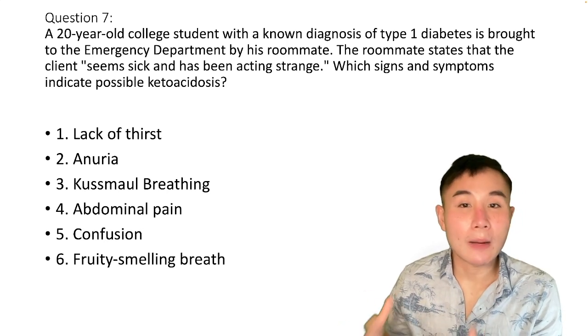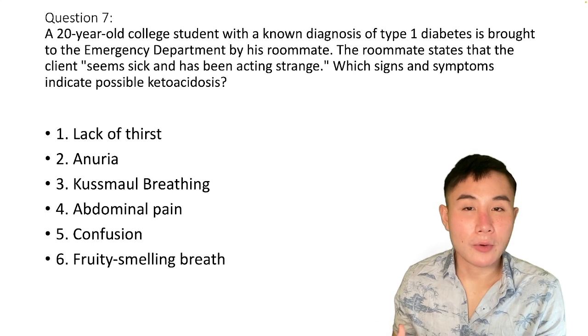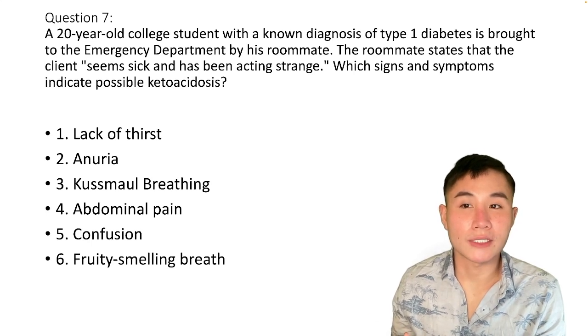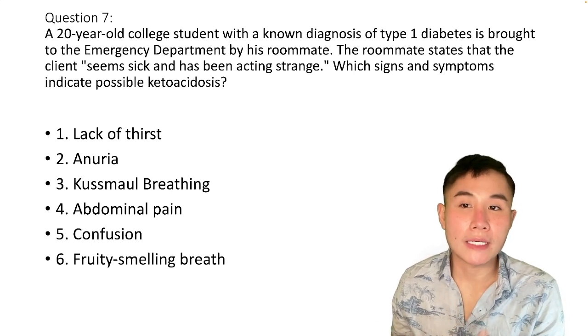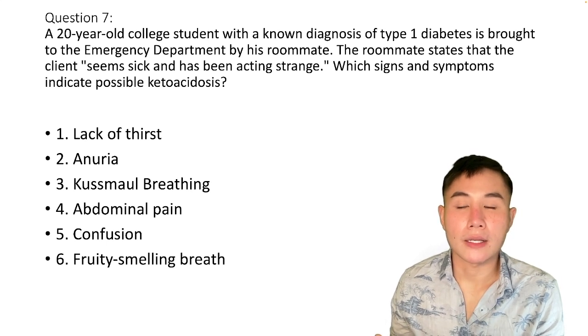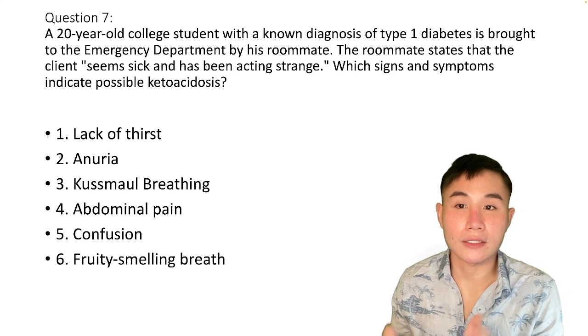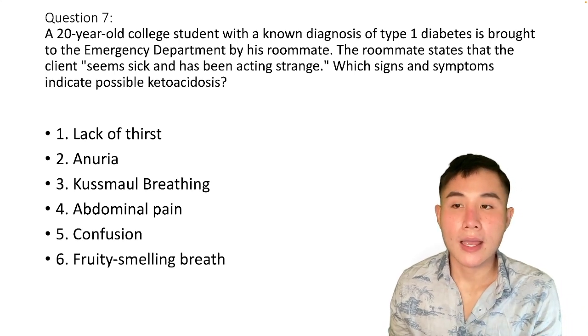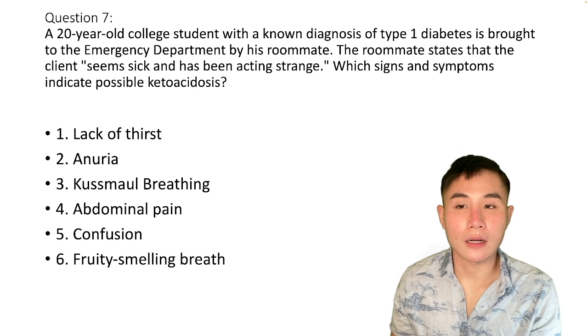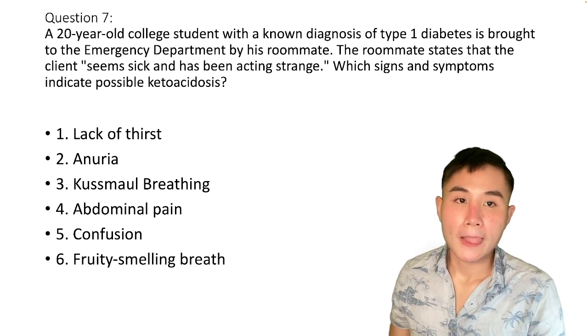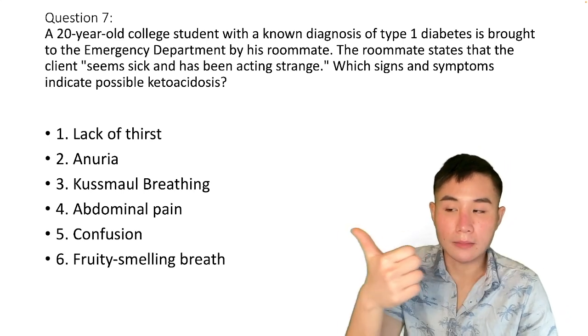When the fat is metabolized, there's a byproduct, which is the ketone. It's an acidic agent, so it causes acidosis in the patient and leads to DKA, diabetic ketoacidosis.